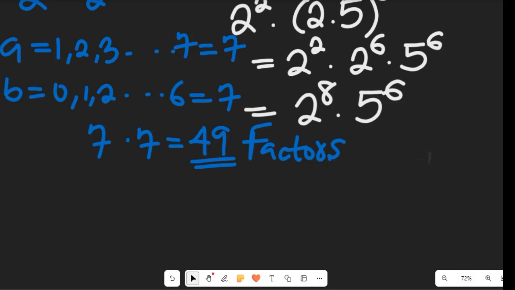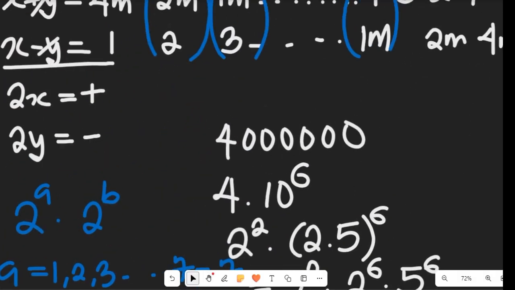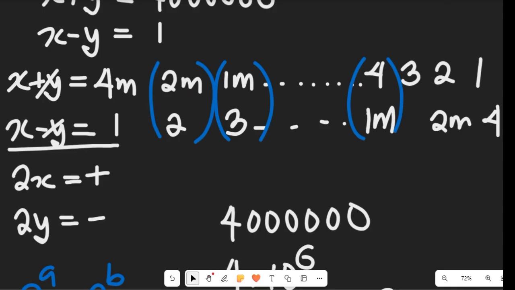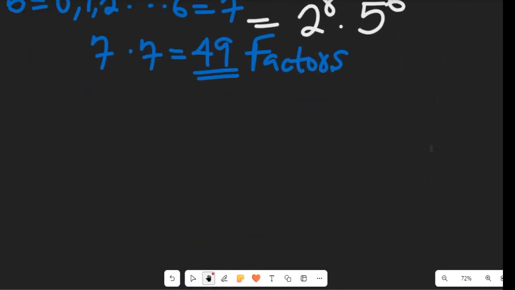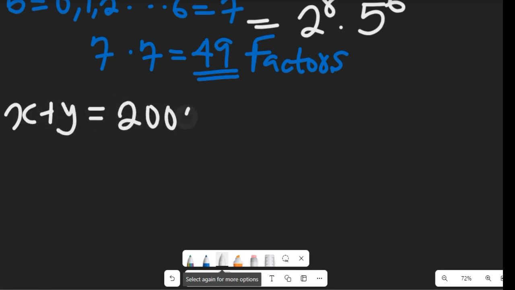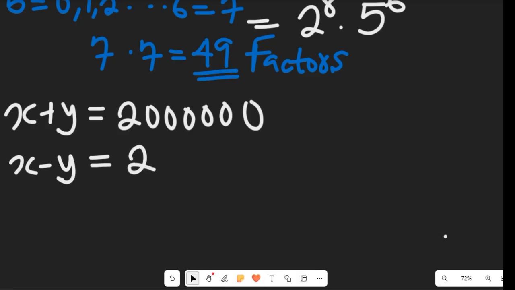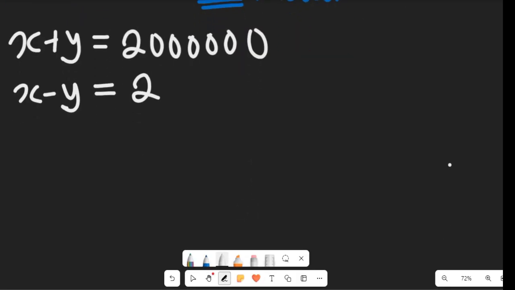So what does that expression mean? Let me take a good example of 2 million and 2. If x plus y is equal to 2 million as a factor, and x minus y is equal to 2, what factors can I get from these expressions?